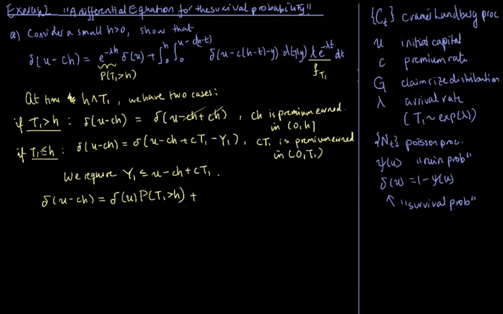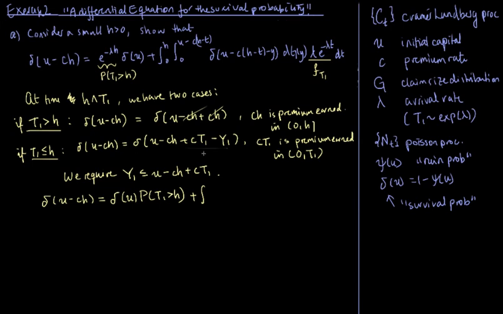Now, if the first arrival comes before time h, then the probability of survival will be one that we calculate upon this initial capital. Now we have to sum over all the different cases that can occur for t1 and y1. And when I say sum over, that's just heuristic language for integrating with respect to first the distribution of t1, then the distribution of y1 over all the different values t and y that they can take.